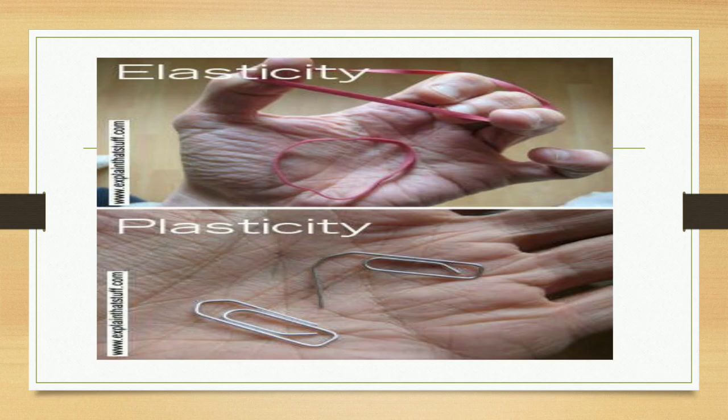This is the property of elasticity. It is the elastic material property. Here you can see a pin which is made of steel, and if you deform the shape of the pin, it will not regain its original shape. This property of material is called plasticity.